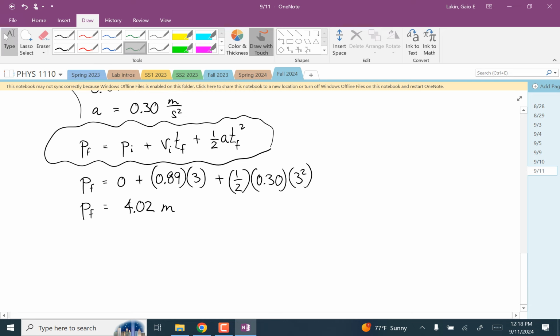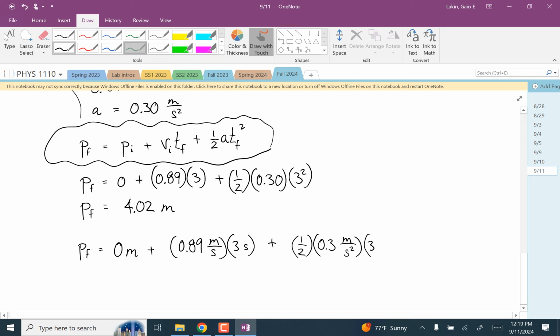So you could go through and say PF is equal to 0 meters plus 0.89 meters per second times 3 seconds plus 1/2 times 0.30 meters per second squared times 3.0 seconds squared.